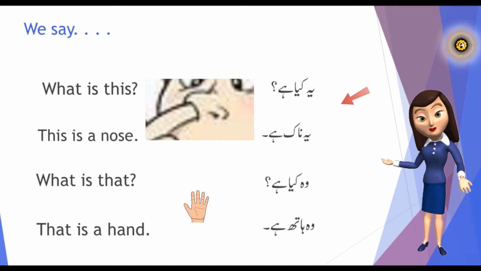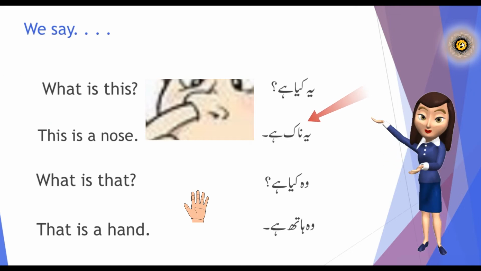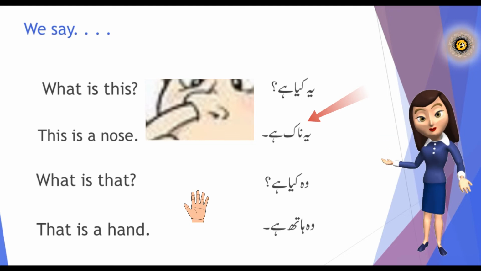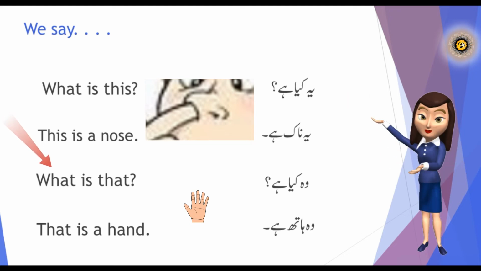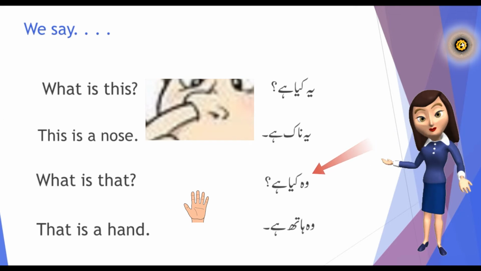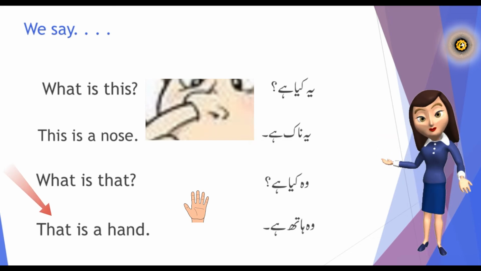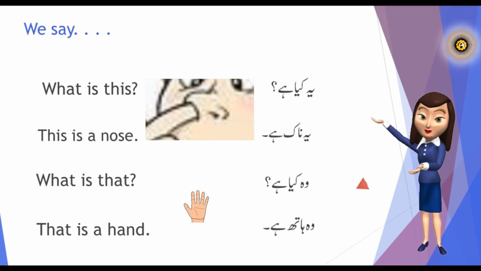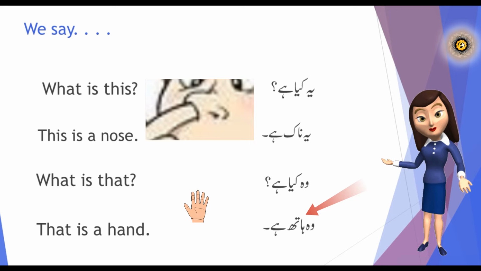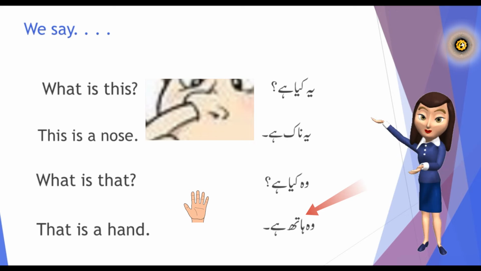And in Urdu it is, ye naak hai. Then in English we say, what is that? And in Urdu it is, wo kya hai? The answer to this is, that is a hand. And in Urdu it is, wo haath hai. Repeat many times for practice. Okay? Alright.